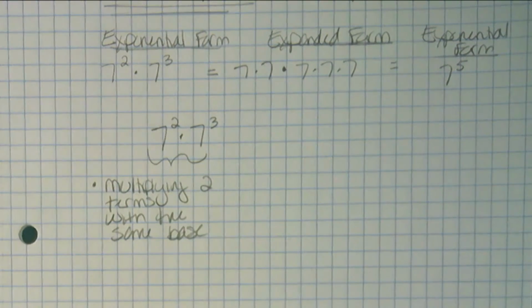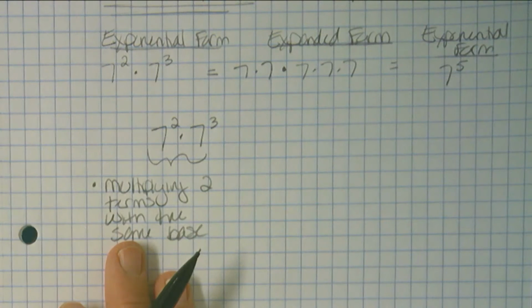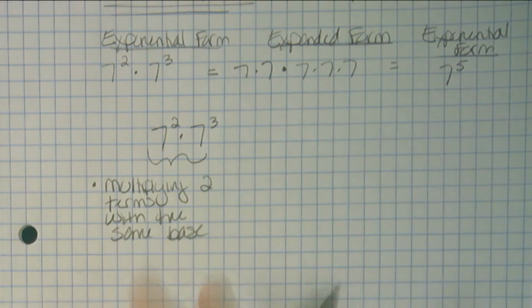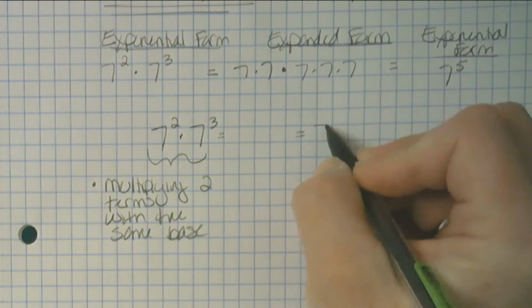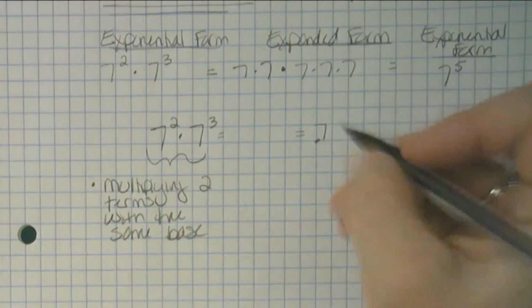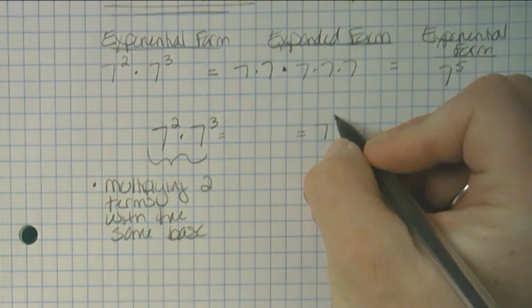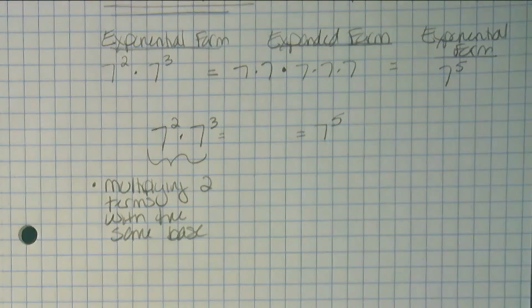Okay, so I'm multiplying two terms with the same base, because this works if you have variables as well. I'm going to write equals, and then equals over here, and I'm going to leave that gap in there to figure out what mathematically we could do. And I have 7 to the 5th as my final exponential form. Tell me something.